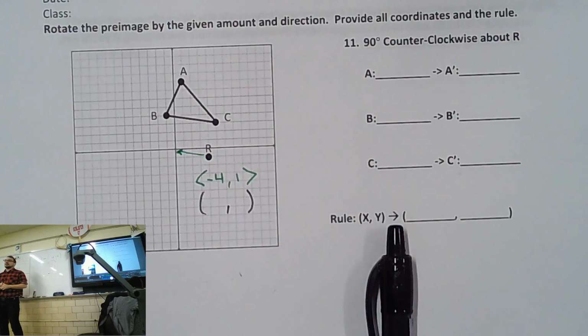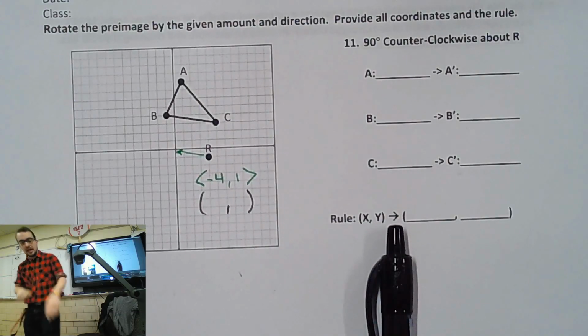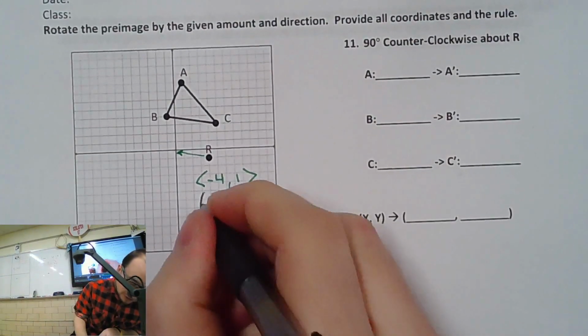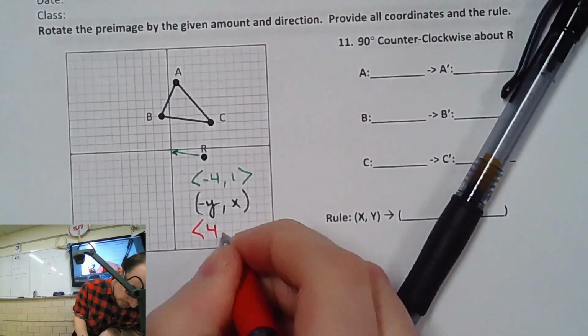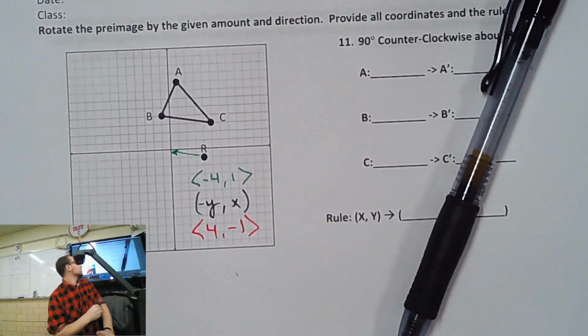Do x and y change spots? Yeah, they do. We're going from double positive to negative positive, right? Which one negates, first or second? First. So flip them and negate the first. So it's going to be negative y, x. Then we move it back, so we add 1 and subtract 1. I bet you could write that rule, couldn't you?